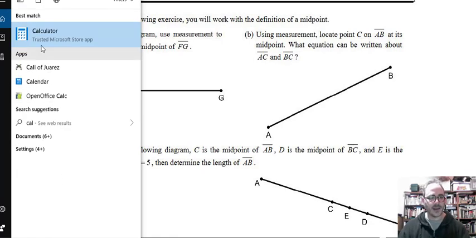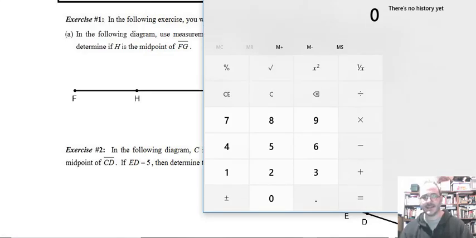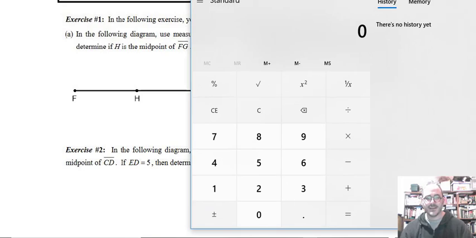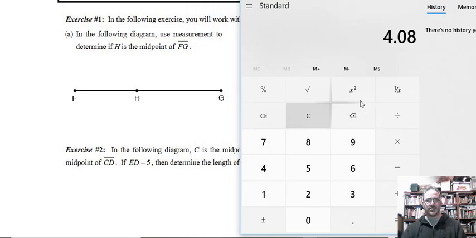Calculator. Nope, not calendar. Calculator. Oh, we can use this. That's nice. What did I get? I got 4.08. 4.08 was the measurement between F and G.